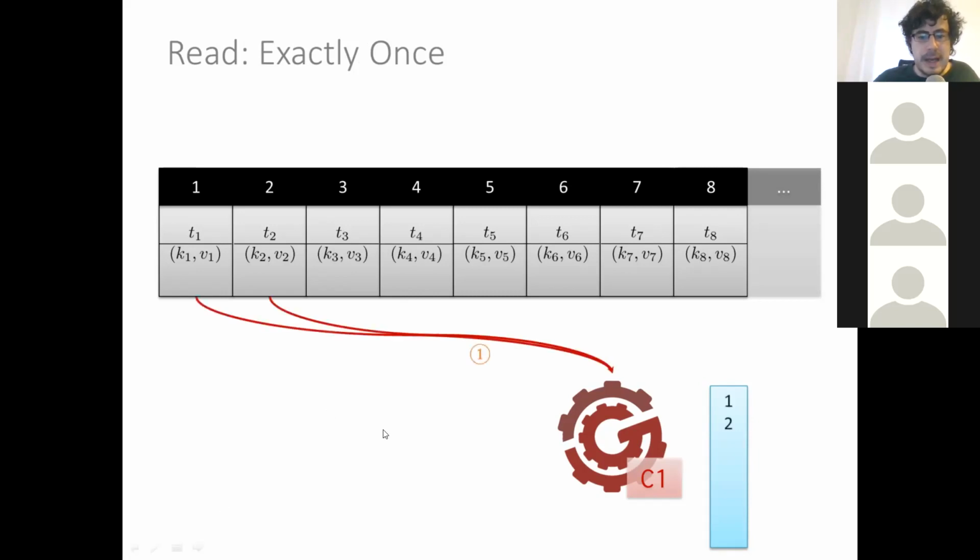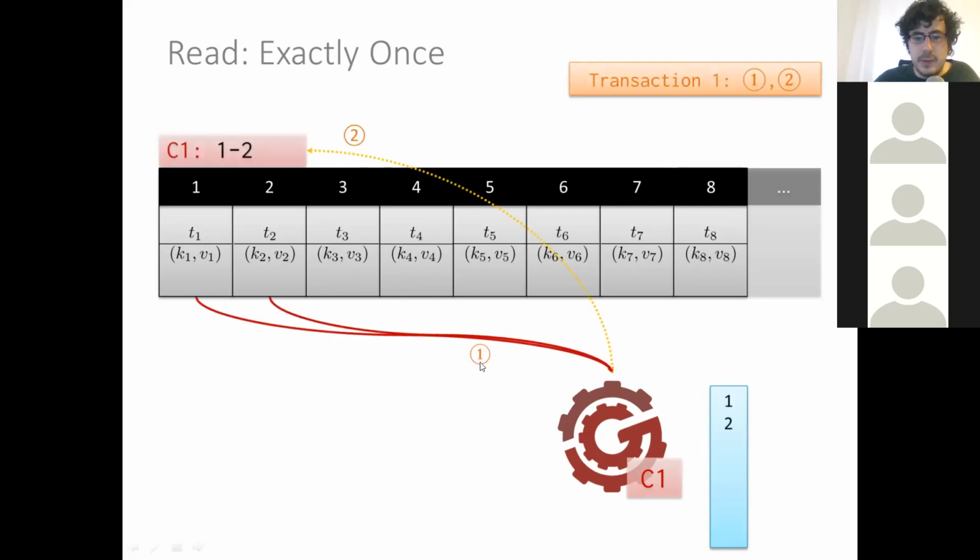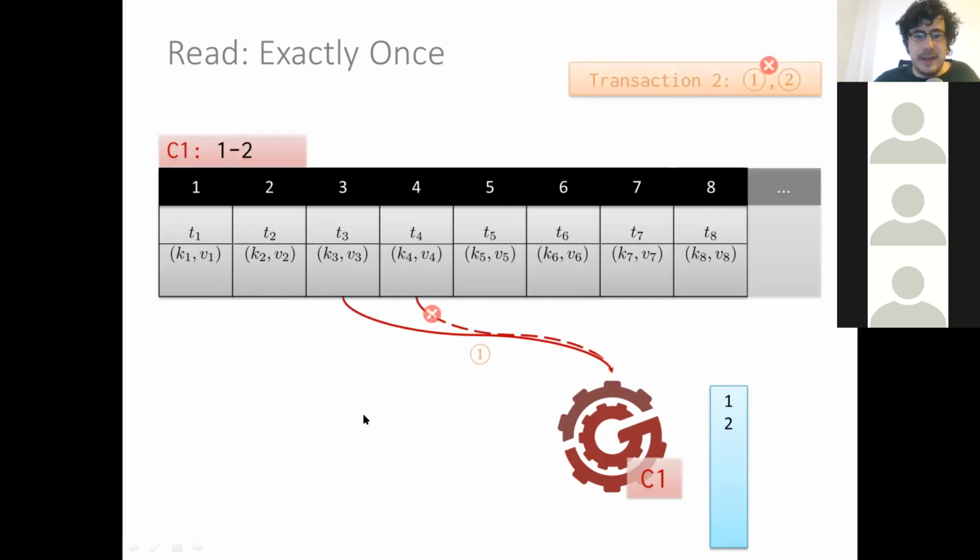Okay. So what happens in this case is that we have two actions. We have the read and we have the acknowledgement that updates the offset. And this is considered, using transactions, to be one atomic operation that will either succeed completely or fail completely. So this is the exactly once idea, that we have this sort of transactional support. So in this case, because the first step of read fails, the entire transaction fails, which means that it's not considered successful.